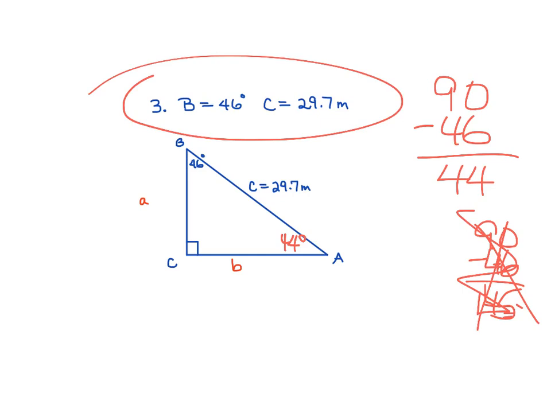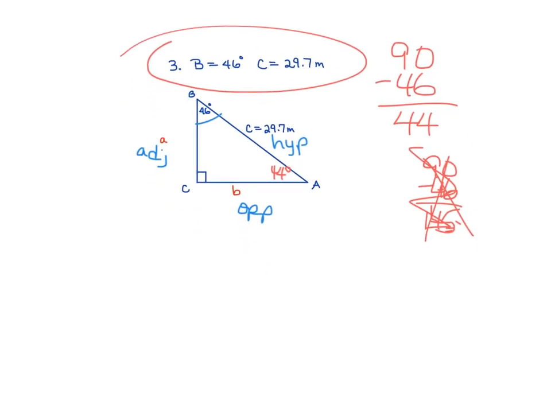So again, I'm going to label my sides based on my given angle. And again, my given angle was the 46. So this lowercase b is opposite. The a is adjacent. And the c is the hypotenuse. Now I'm going to figure out which trig functions I can do. Again, I'm going to do sine and cosine. So sine of 46 uses opposite and hypotenuse.